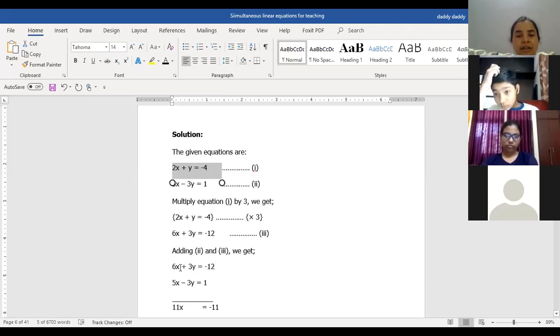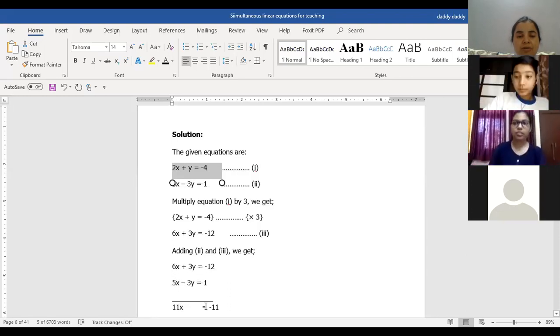Then I wrote the second equation below the third one, with all like terms one below each other. Like terms means both x should come in one line, both y should come in one line, and the number part should come in a separate line. Now plus 3y and minus 3y will cancel each other. 6x plus 5x will give you 11x, and then put an equal to sign.